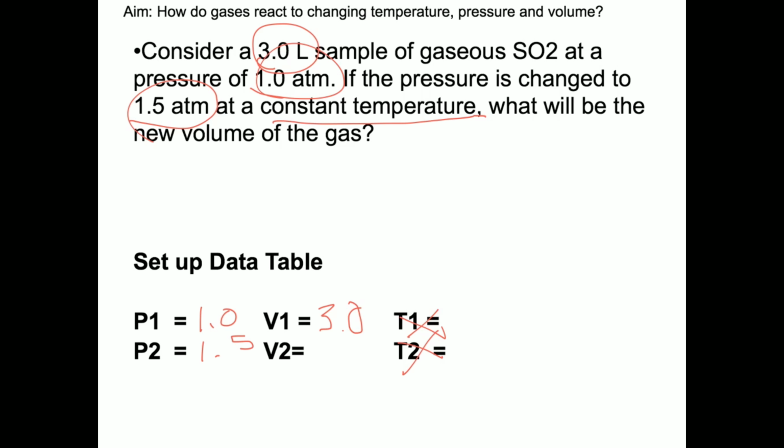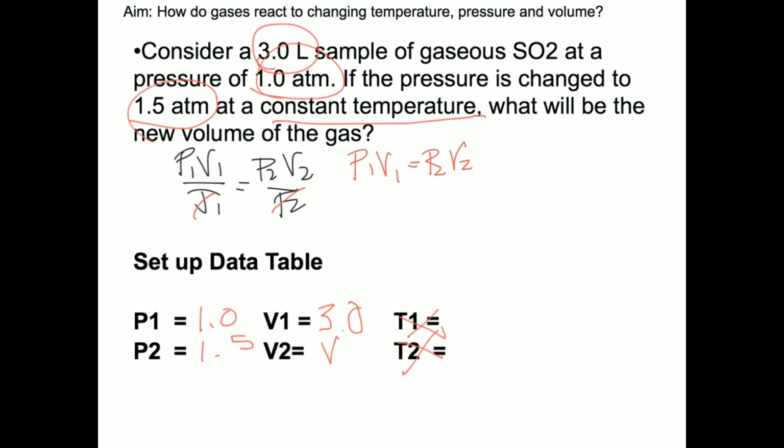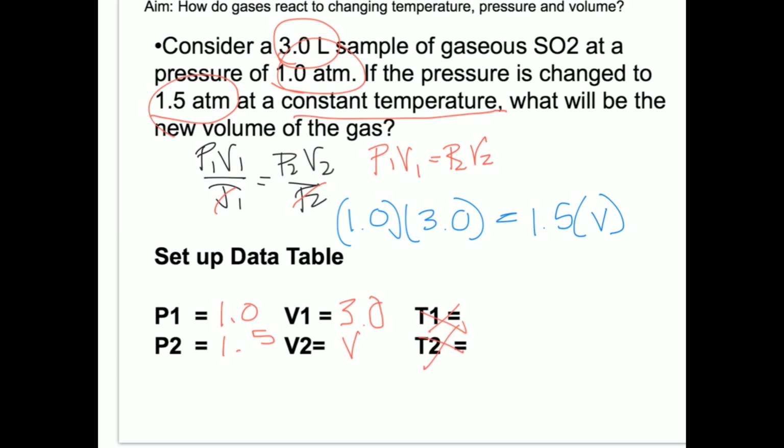So here we're simply looking for the second volume. Now our formula simply looks like this. To solve this, we simply use algebra to determine that our new volume is 4.5 liters.